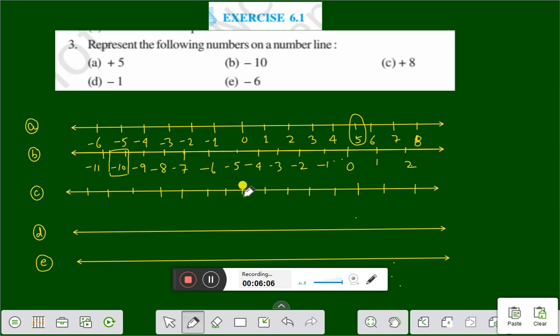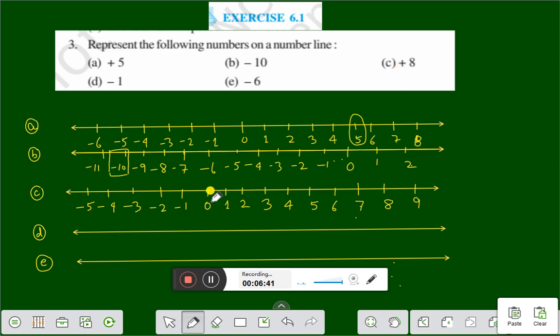Therefore, we have taken in the middle 0. It is plus 1, plus 2, plus 3, plus 4, plus 5, plus 6, plus 7, plus 8, and plus 9. And it is minus 1, minus 2, minus 3, minus 4, minus 5. Okay.